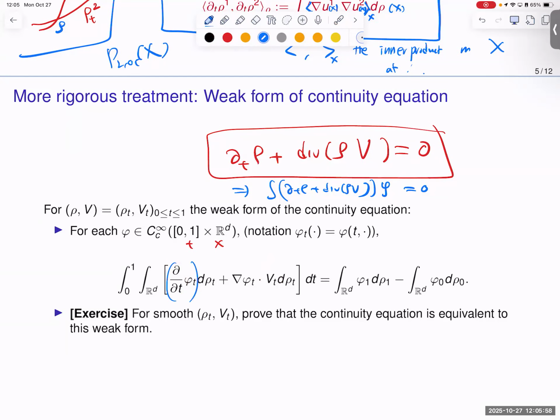No, v sub t is just the vector field at a given time. At a given time, the vector field v is a space-time function, so at fixed time, it is a vector field v_t.